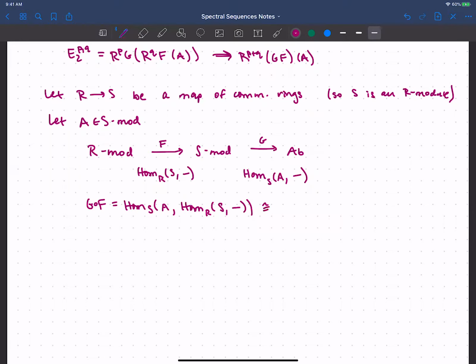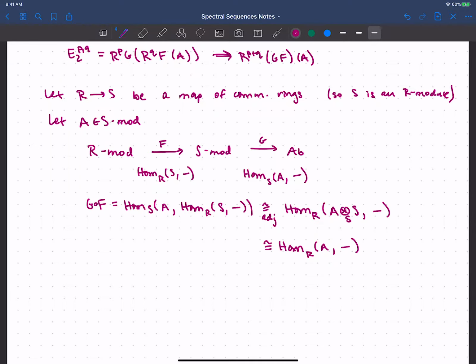And by adjunction, the adjunction between tensor and Hom, that's really Hom over R of A tensor S with S to something. Okay, and then of course the S's cancel here in a sense. So we have R-linear Homs from A to something. All right, so that's what this spectral sequence should be cooking up.